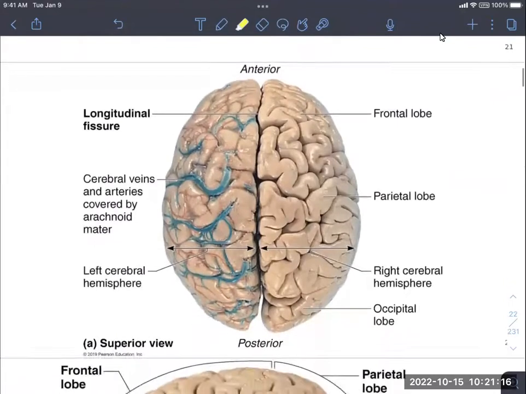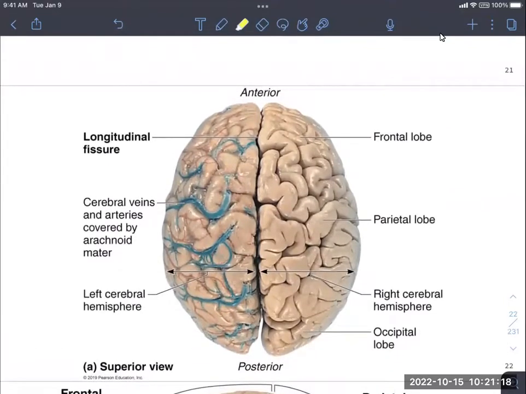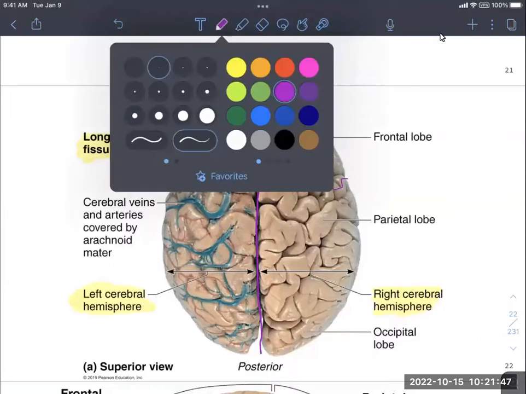So let's look. Here is a real brain. You see this longitudinal fissure. That longitudinal fissure goes right down the middle. And that gives us the right cerebral hemisphere and the left cerebral hemisphere. You see all these gyri. These are the parts that are up. The sulci.